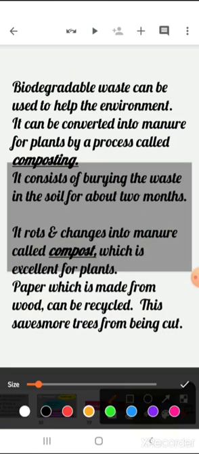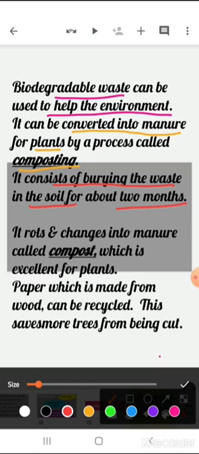First of all, biodegradable waste helps the environment. It can be converted into manure for plants by the process of composting. It consists of burying the waste in the soil for about 2 months.